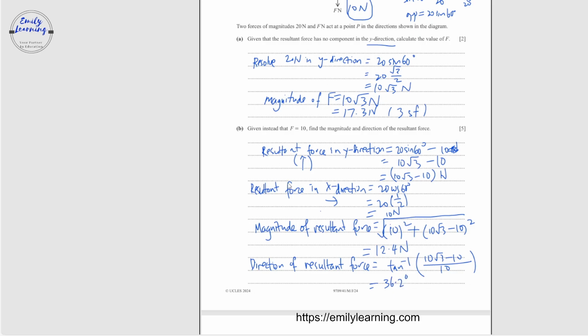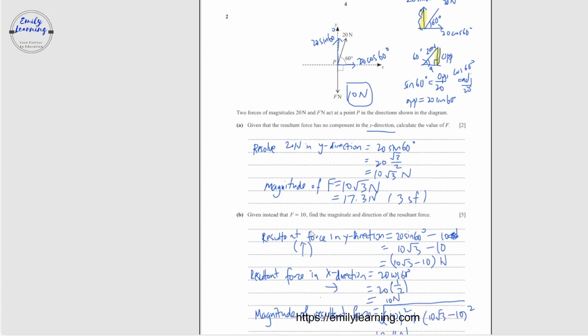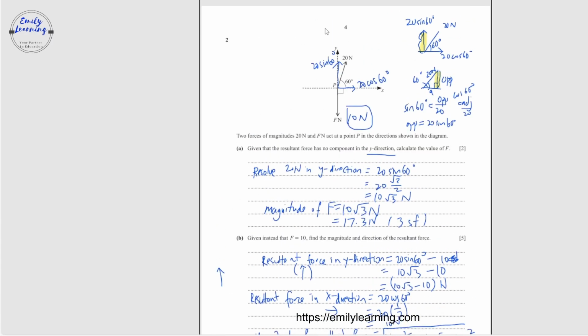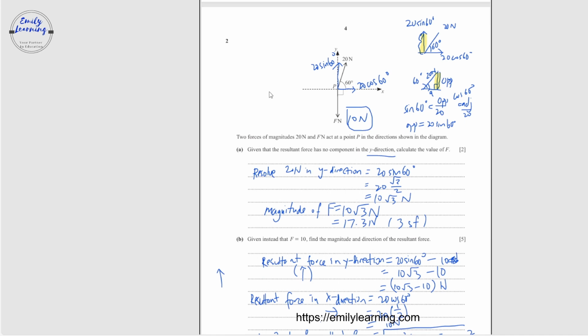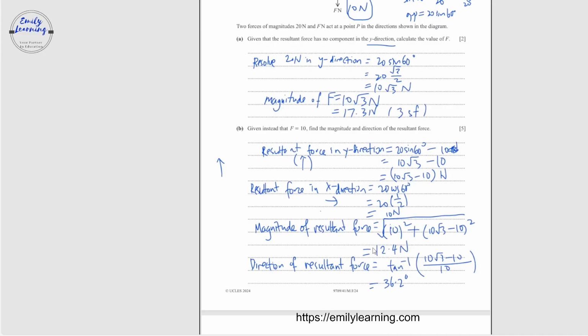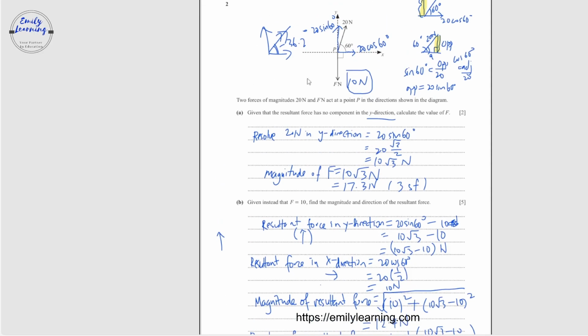And because the resultant force in the y direction is acting upwards, and the resultant force in the x direction is acting this way, this angle here, this 36.2 degrees, is above the positive x-axis. Okay, I count it from here.